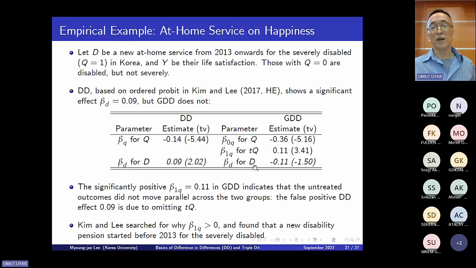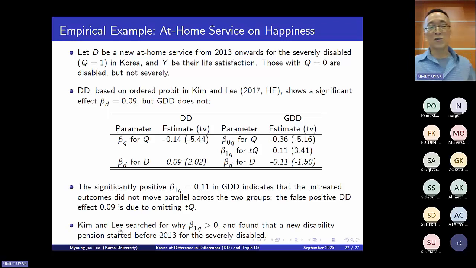And the treatment effect takes a negative number, but this is insignificant. So significance of this shows that the parallel condition does not hold. And this false positive effect is due to omitting this variable.